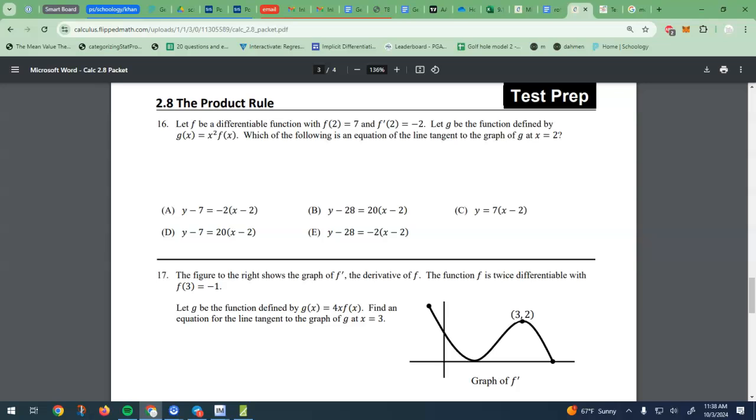So why is this in this section? Because that's a product. X squared is a function of x, f of x is a function of x, so we got to do product rules. So that's a little goofy to people the first time they see it. So that looks like g prime of x. So that's my 1. That's my 2.